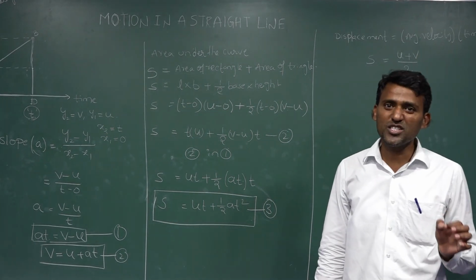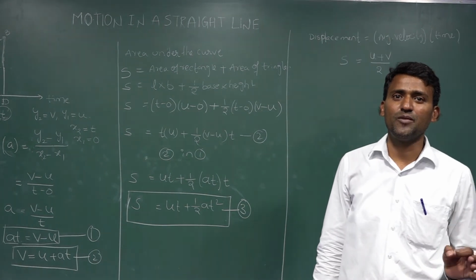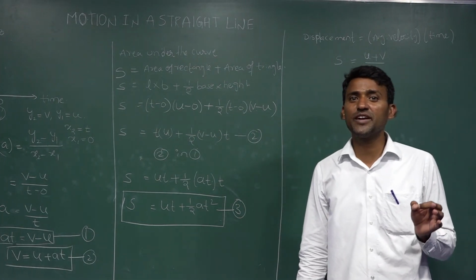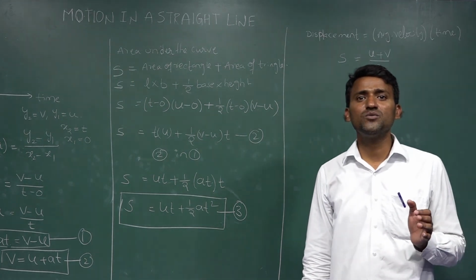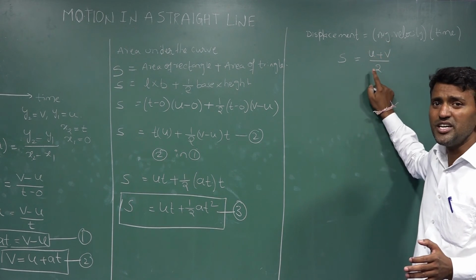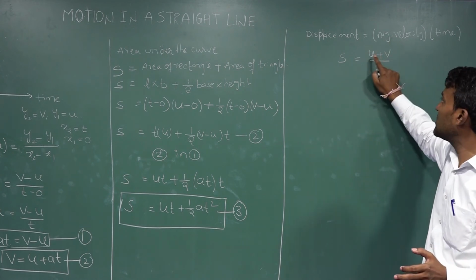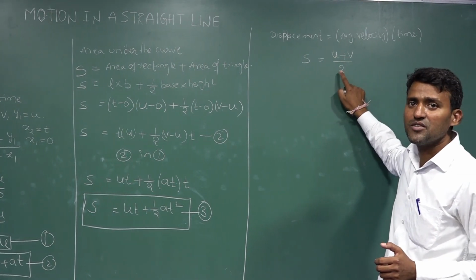When an object is covering different speeds in equal time intervals, at that moment the average velocity is equal to v1 plus v2 divided by 2. We proved this already. So v1 is u, the initial velocity, and the final velocity is v, divided by 2.